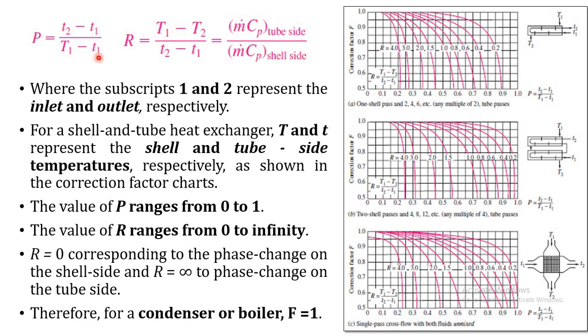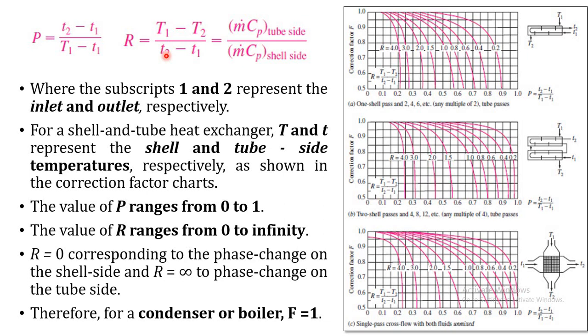The other dimensionless temperature term is represented by capital R, which is capital T1 minus capital T2, the temperature difference in the shell side fluid, divided by small t2 minus small t1, the temperature difference in the tube side fluid. Capital T represents shell side and small t represents tube side.